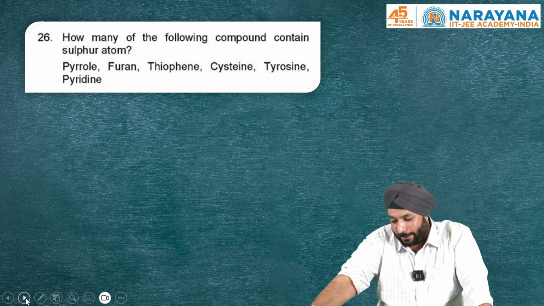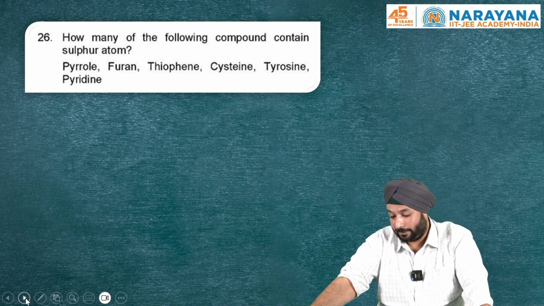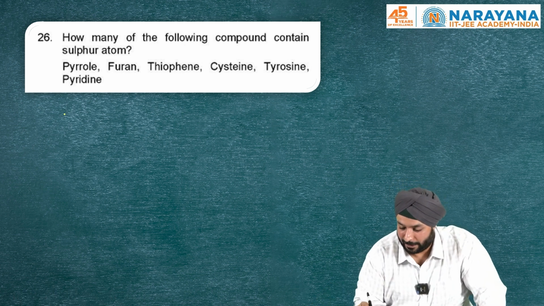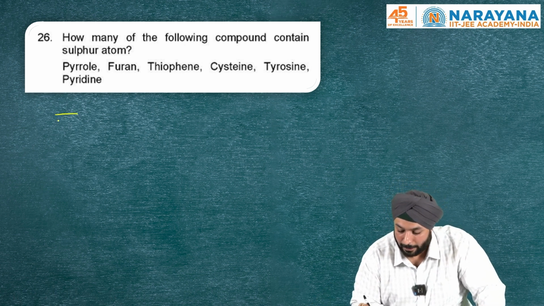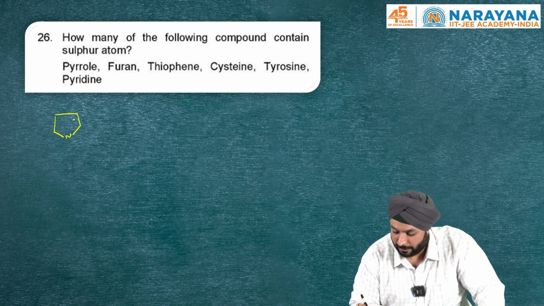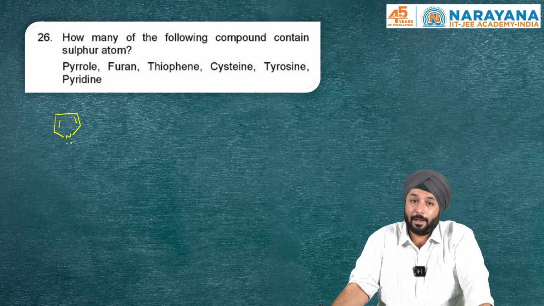How many of the following compounds contain sulfur atom? Pyrrole, furan, thiophene, cysteine, tyrosine, and pyridine. Okay. Pyrrole, this is our beloved pyrrole.